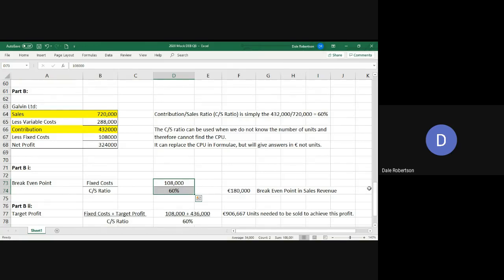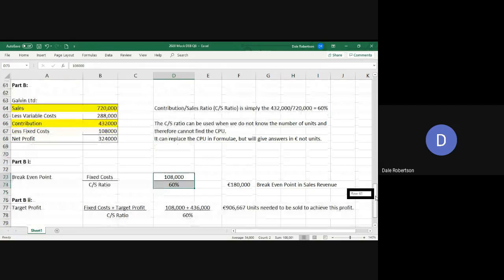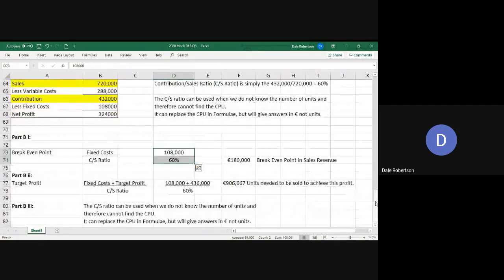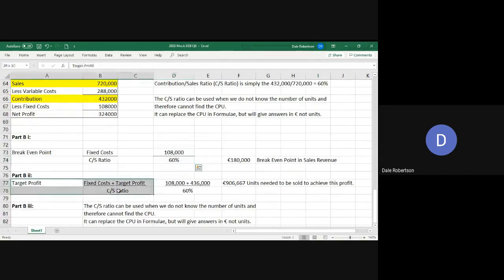Now, then we can proceed to part 2, which asks you to calculate the sales revenue that will produce a profit of 436,000. That is a target profit. So we simply use the target profit formula that we have seen before, and it's explained in the 2011 video also.